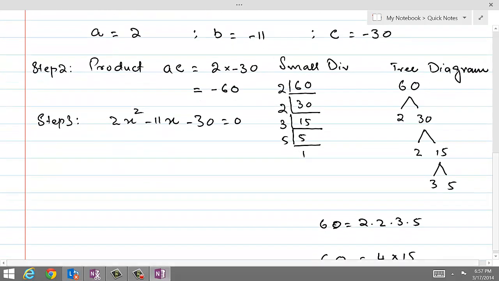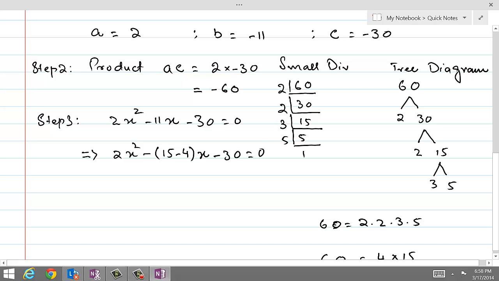We will not change anything in this equation except rewriting 11 as the difference of two factors of 60. Therefore, this will be 2x square minus 11 will be written as 15 minus 4. But remember, use these brackets. Without brackets, it is not okay. Therefore, x minus 30 equal to 0.